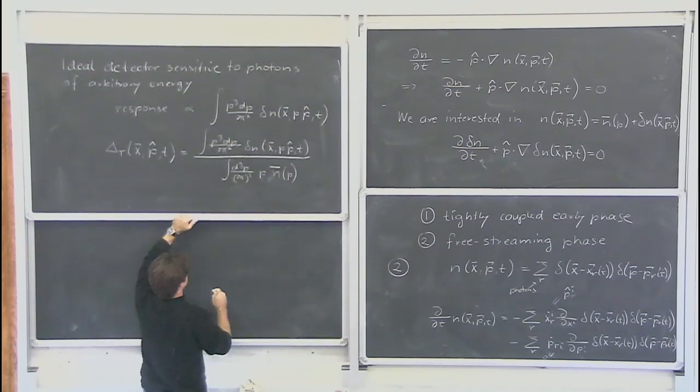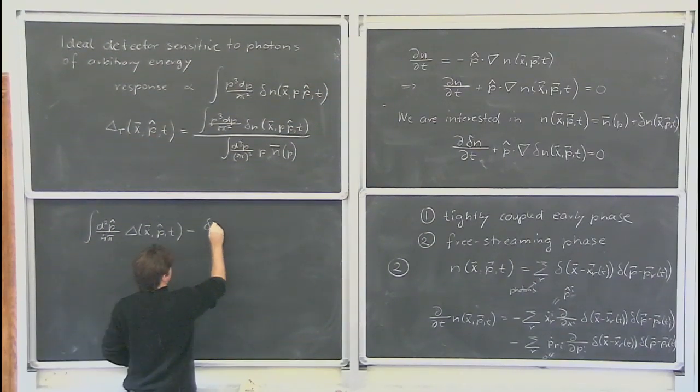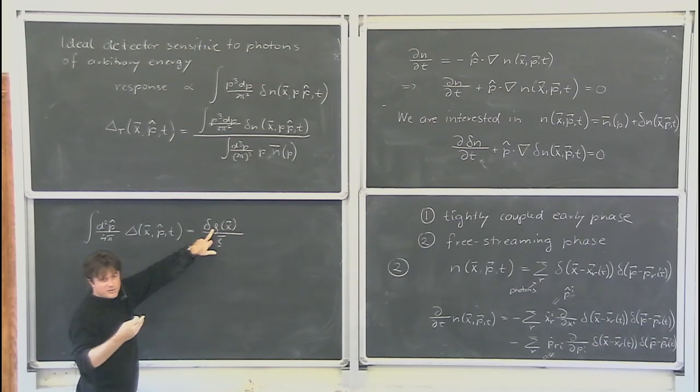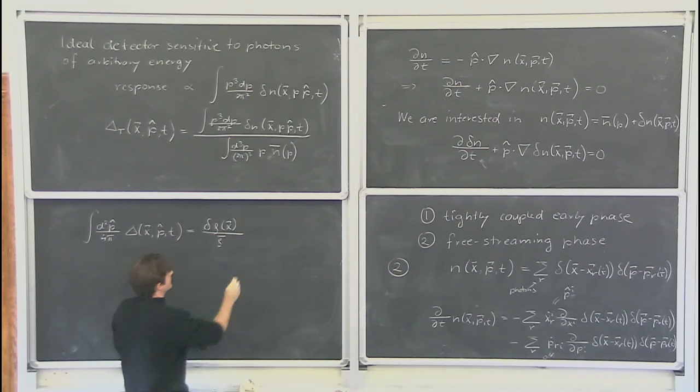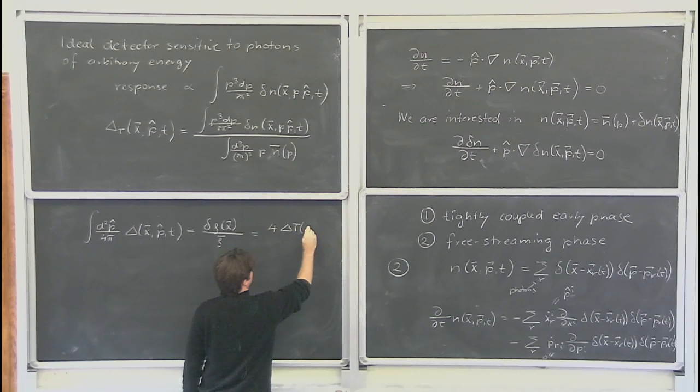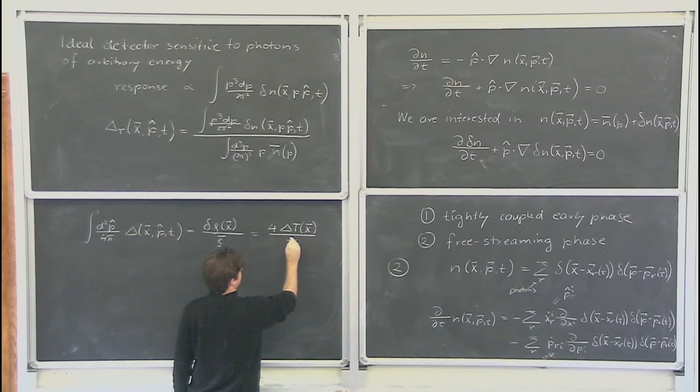So this eventually just becomes delta rho of x divided by rho bar. And because the energy density goes like the temperature to the 4th power, this is also 4 times delta T at the position x divided by T bar.